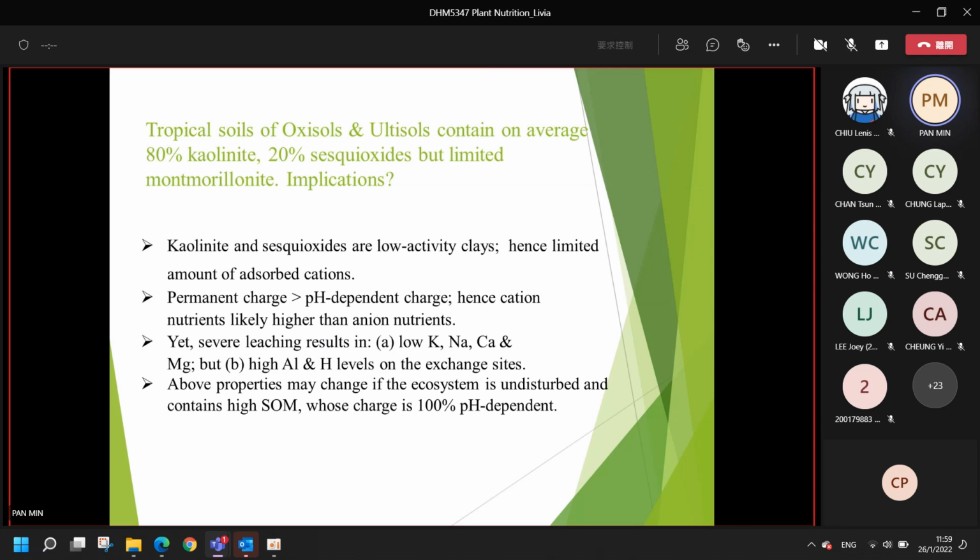And the above properties may change if the ecosystem is disturbed and contains high soil organic matter, whose charge is 100% pH dependent. So you can change the soil properties through soil organic matter additions in this type of soil. Otherwise, this type of soil is not good for plantation, not good for soil fertility, and cannot support plant growth.